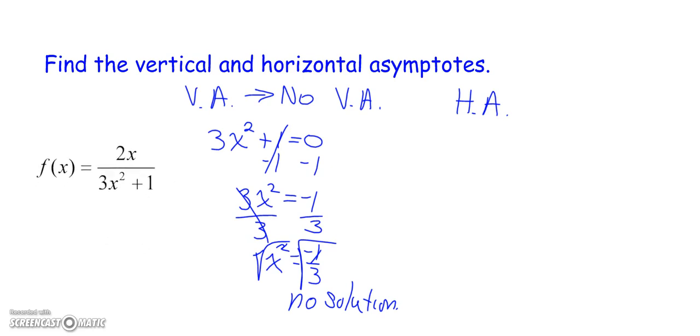The way we're going to find this horizontal asymptote is by comparing the degrees. The degree of the top is 1. The degree of the bottom is 2. Anytime the degree on the bottom is the bigger number, so 2 is the bigger number when you compare 2 and 1, the horizontal asymptote is always y equals 0. Every single time, absolute guarantee.